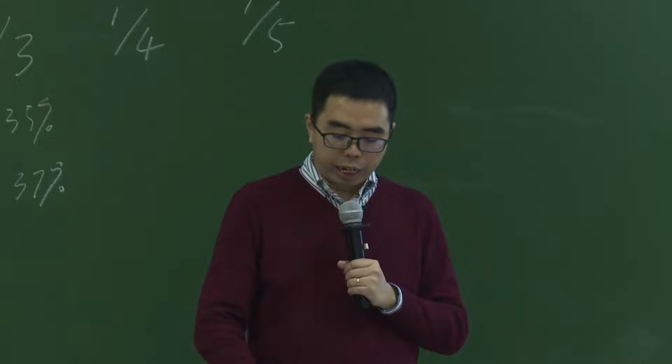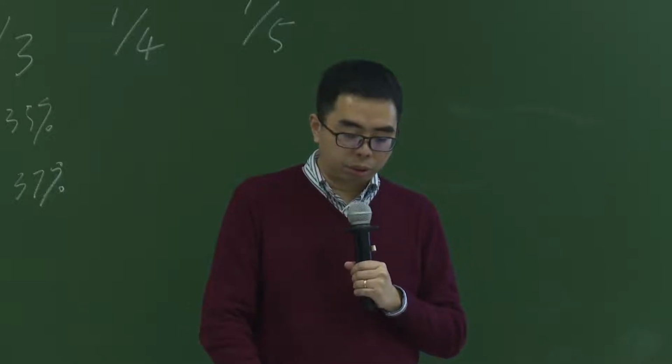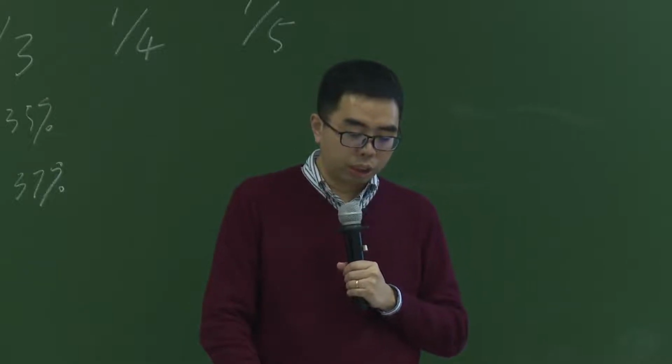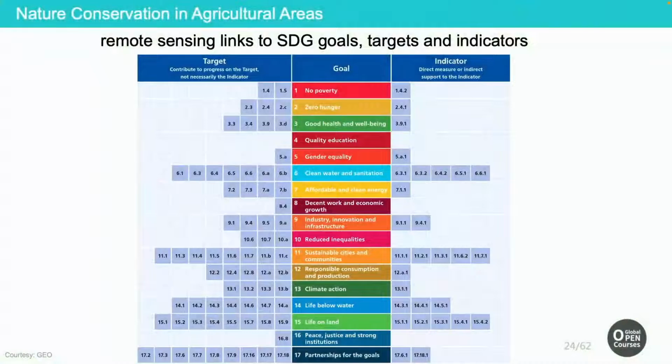And remote sensing actually can provide lots of monitoring for SDG goals, targets, and different indicators. From this image, you can see that remote sensing can provide information for 14 of the SDG goals.